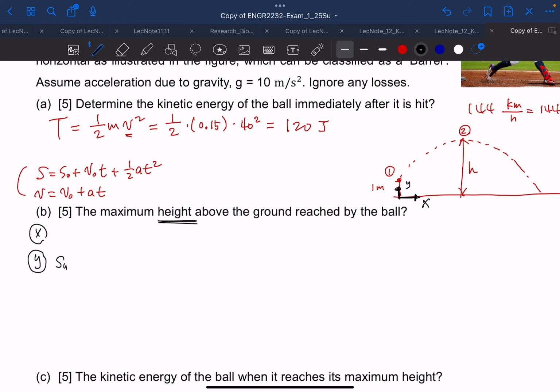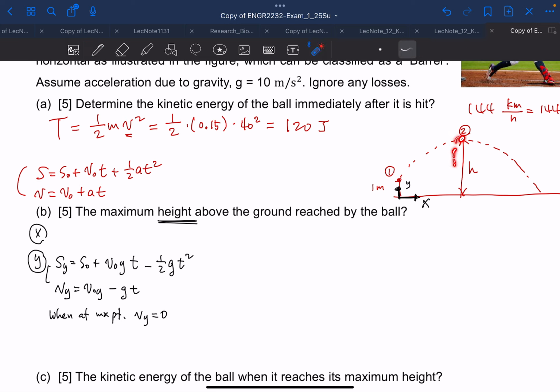So S of Y is S0 plus V0Y times T minus 1/2 GT squared. And V of Y is V0Y minus GT. Right? And the key we want to use is that at the max point, velocity of y is 0.